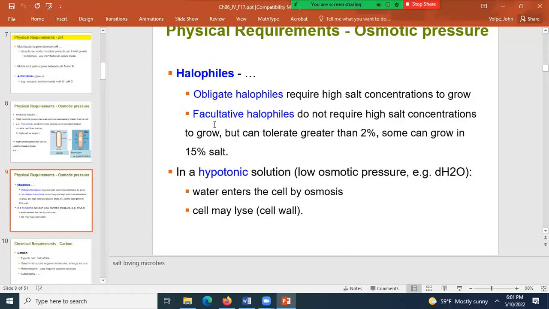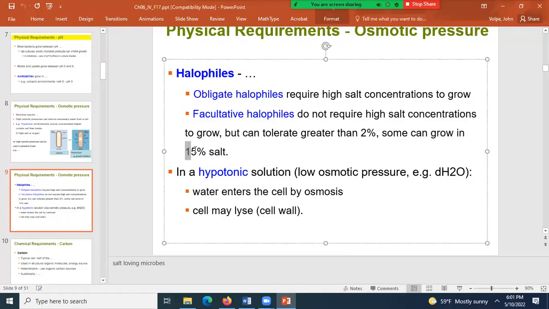There are also facultative halophiles, and they do not require high salt concentrations to grow, but they can tolerate high salt concentrations. And so we can get them to grow easily up to 15% sodium chloride. There are halophiles that grow much higher than that.